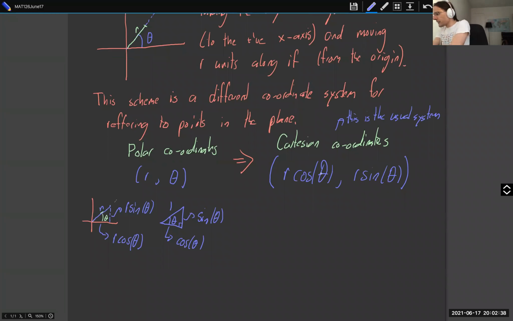So to give some examples, let's suppose... where's my first page? This is my first page. Okay.